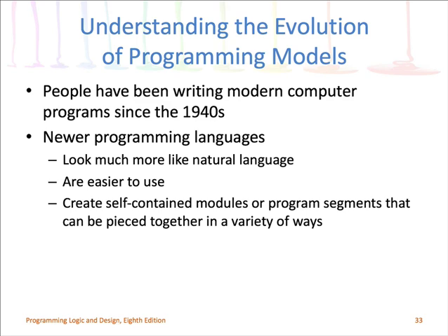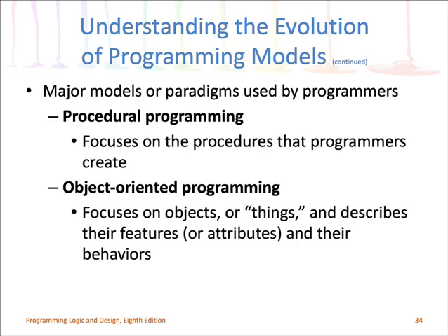So people have been writing and using computers since the 1940s. Back then they coded basically in ones and zeros. Then assembler came along, and then higher level languages came along that are easier to understand and had a lot more features like subroutines and modules, things that we'll learn about over the course of this class.